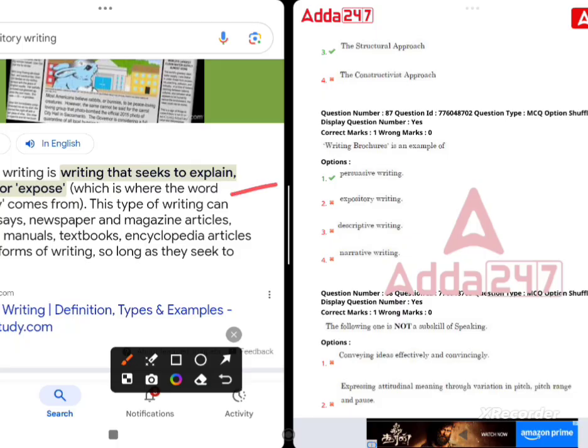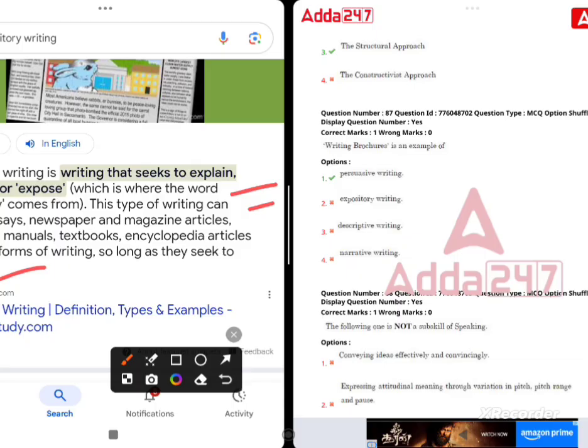This type of writing can include essays, newspaper and magazine articles, instruction manuals, textbooks, encyclopedia articles and other forms of writing so long as they seek to explain. This is called expository writing.